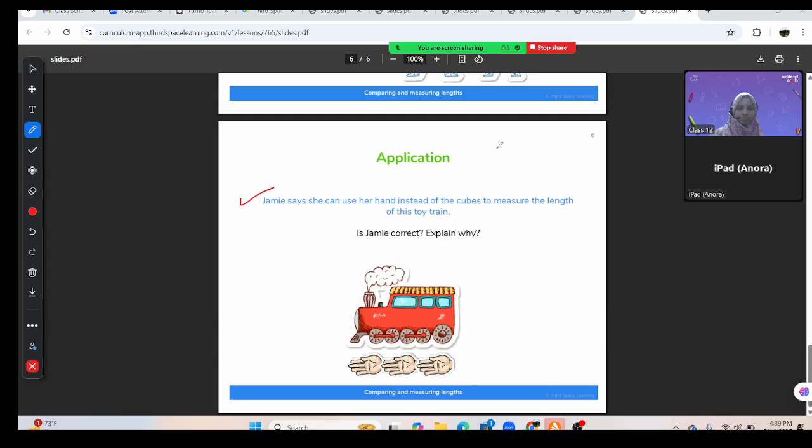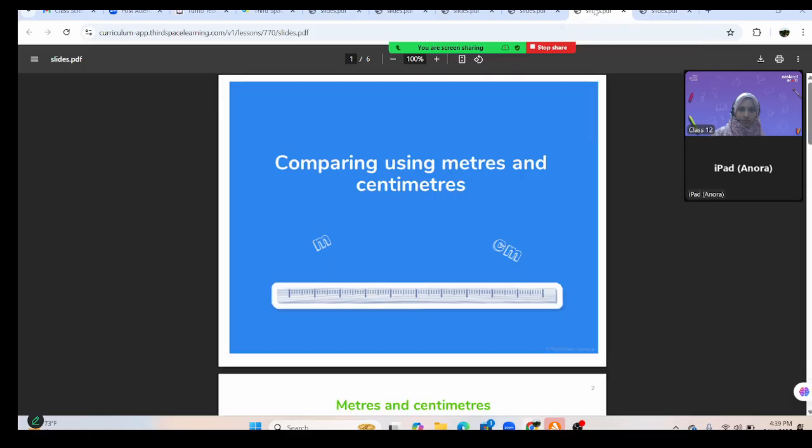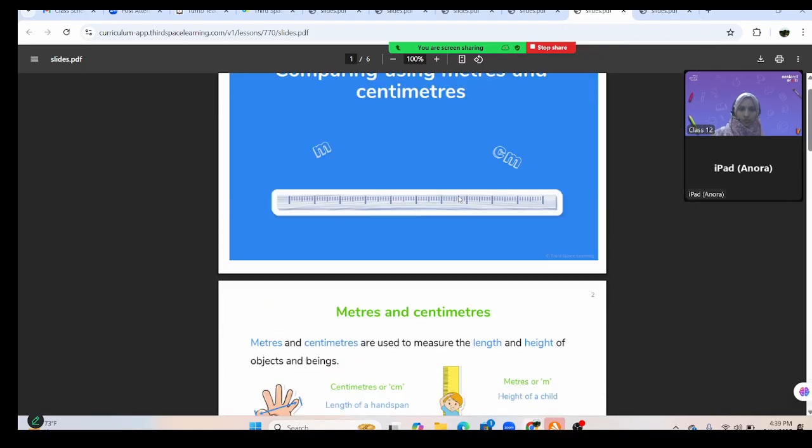Jamie says she can use her hand instead of the cubes to measure the length of this toy train. Is Jamie correct? Explain why. What do you think? Maybe.